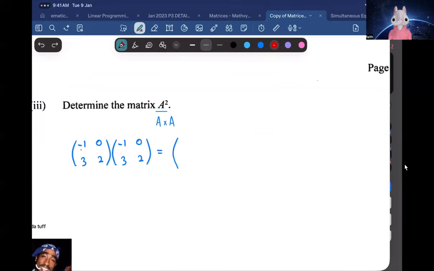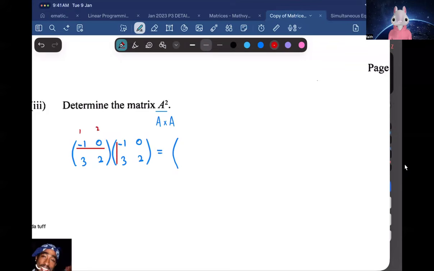Row by column, right? The first row is -1 and 0. And the column over here? -1 and 3.